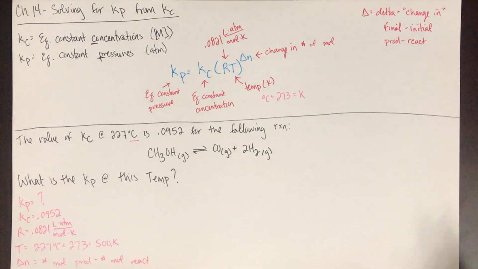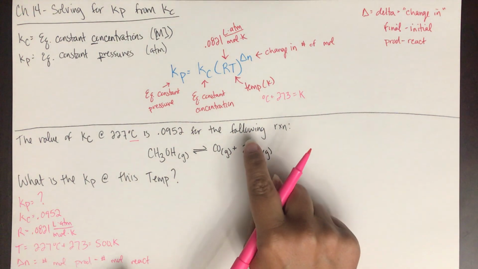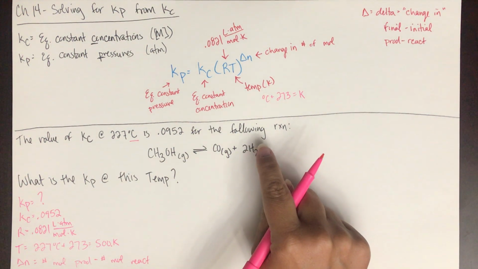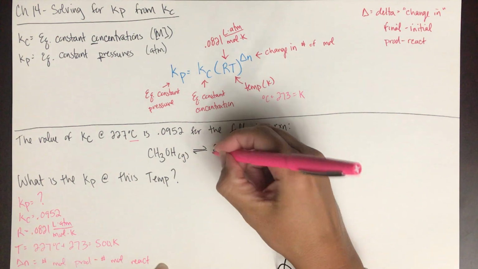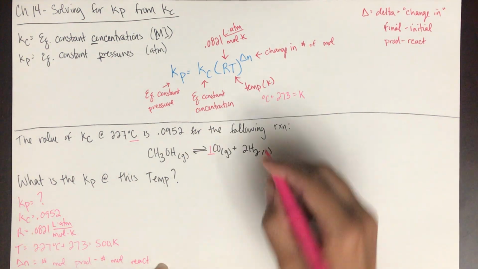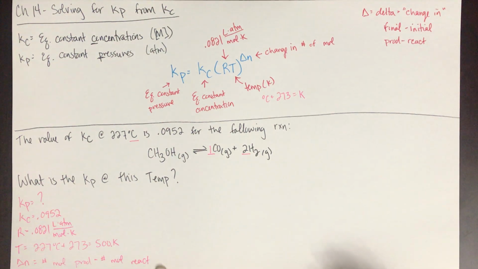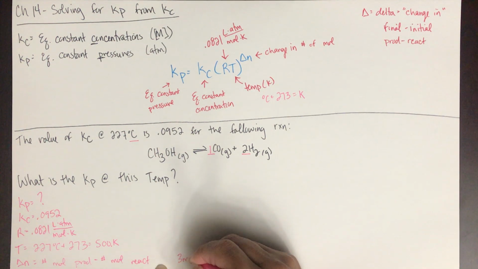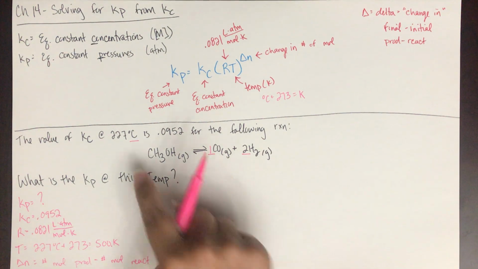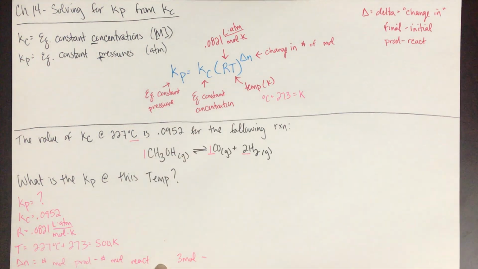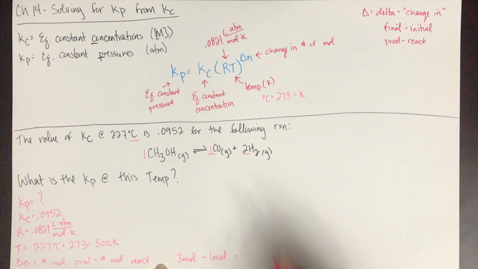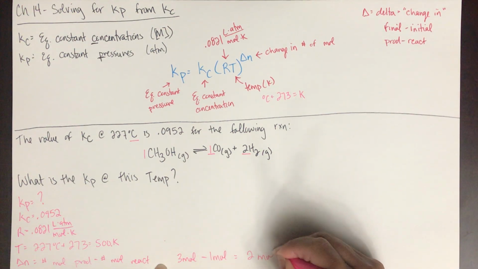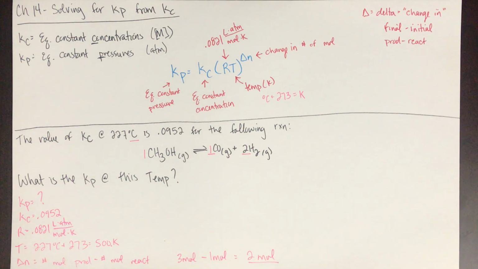Okay, so number of moles of products is 3. 1 mole of carbon monoxide, 2 moles of hydrogen. So it's going to be 3 moles minus 1 mole of methane. 3 minus 1 is 2. So 2 moles is my delta n.